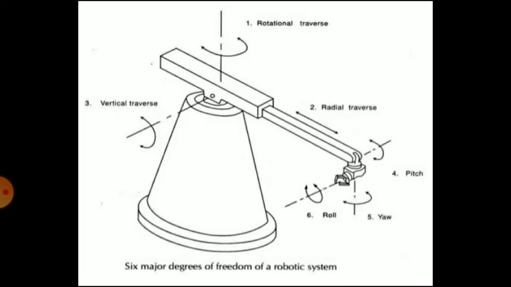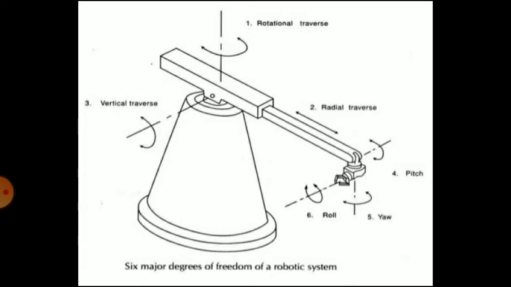So you can see the 6 major degrees of freedom of a robotic system. The horizontal part in the system is the arm, and at the end of the arm there is a wrist. So 3 degrees of freedom are associated with the arm and the body, and the 3 degrees of freedom associated with the wrist are shown in this diagram.